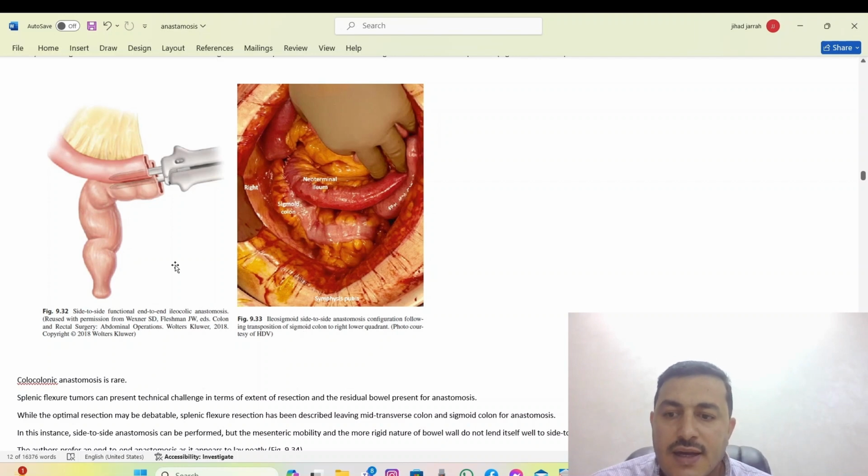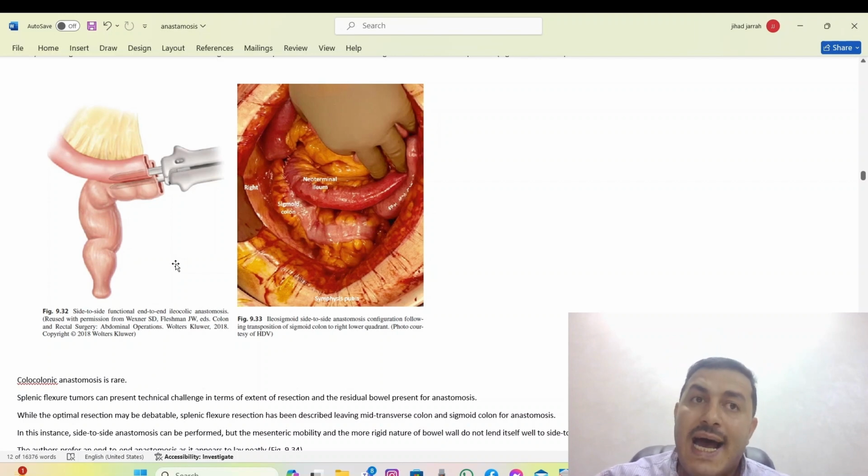The configuration is side to side. This is regarding the small bowel and the small bowel to colon, if we are talking about right hemicolectomy, extended right hemicolectomy.